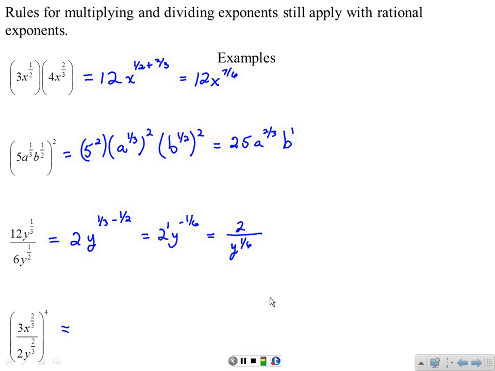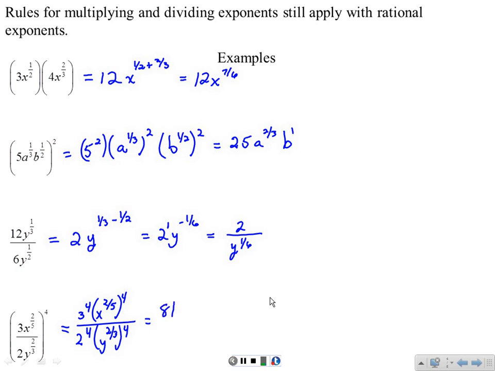Okay, down here we have products and quotients, so everything gets that 4. So you're going to have 3 to the 4th power, x to the 2/5 to the 4th power, 2 to the 4th power, and y to the 2/3 to the 4th power. So 3 to the 4th power is going to be 81.